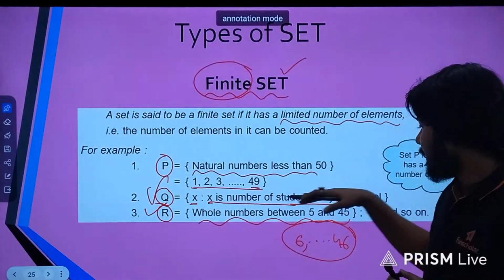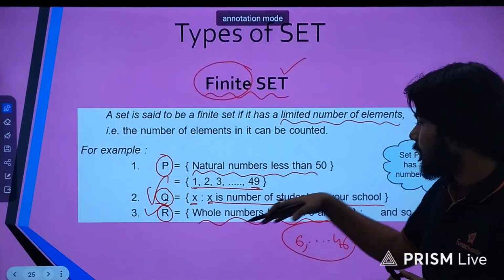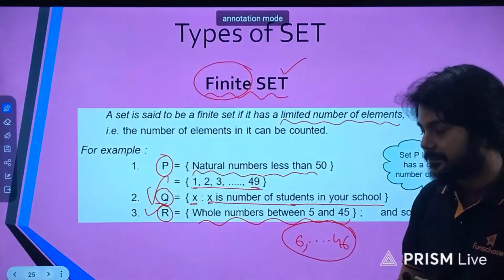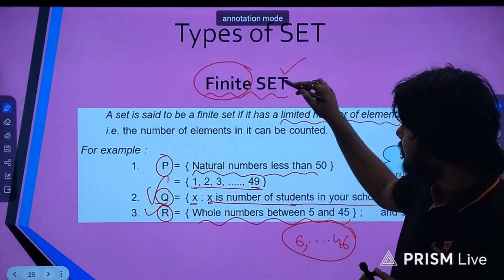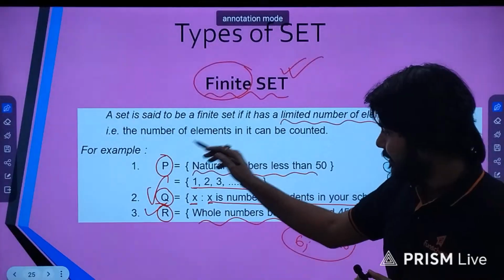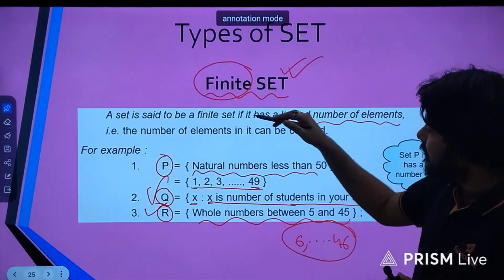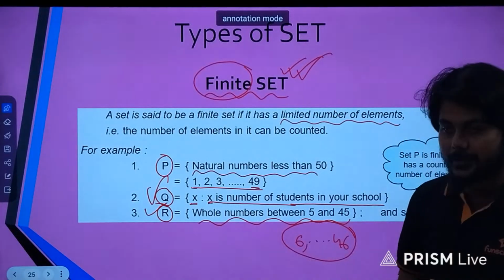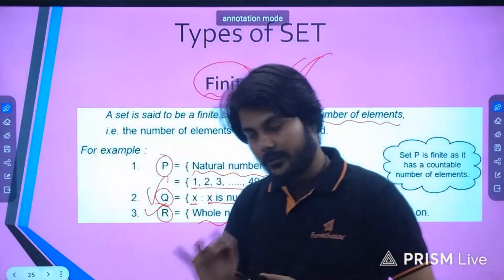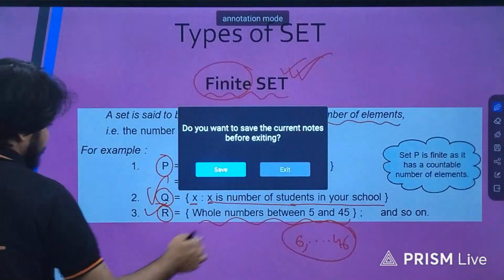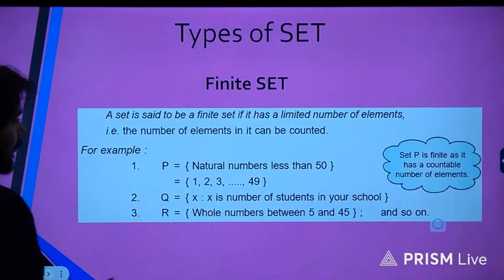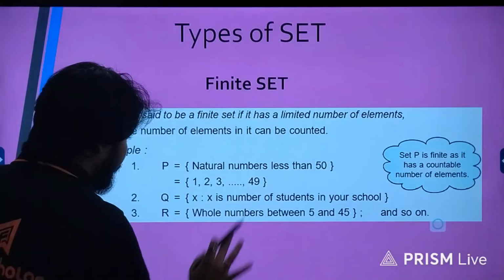Q also has a finite number of elements, that means Q is also a finite set, and set P also has a finite number of elements, that means P is a finite set. Is it clear or not clear? Set P is finite as it has a countable number of elements.